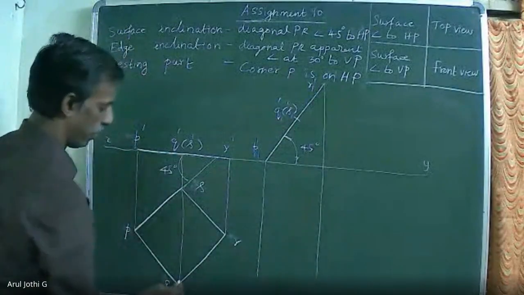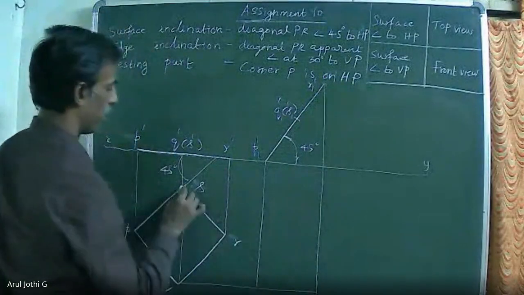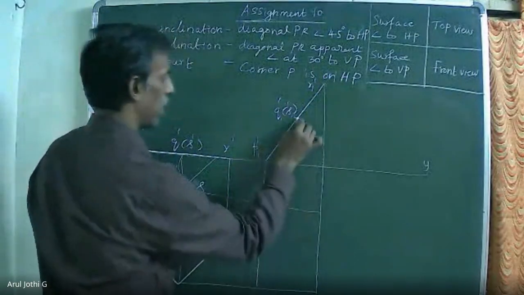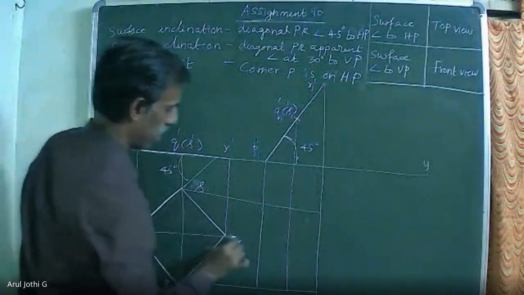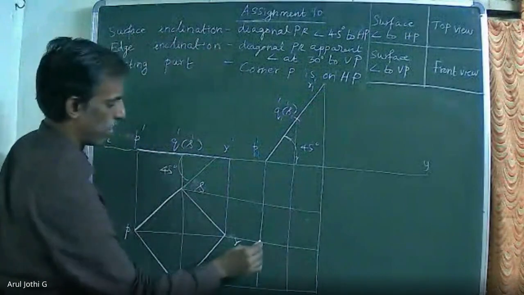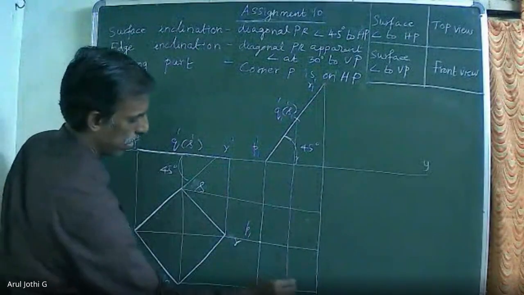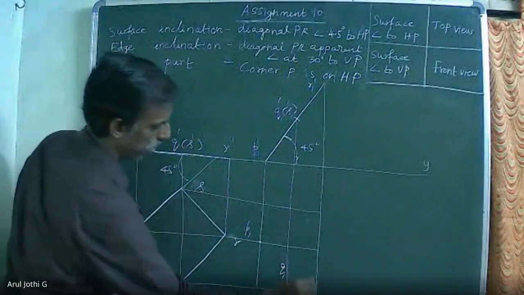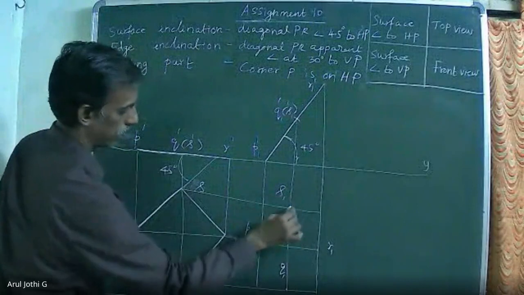Using this, we are going to draw the apparent top view. This will be P1, Q1, R1 and S1.